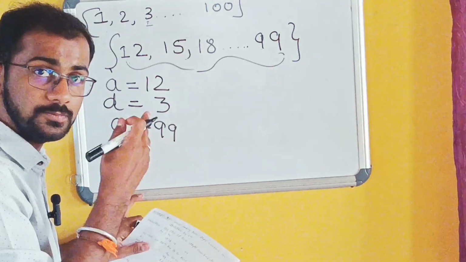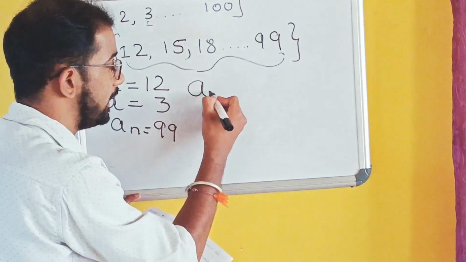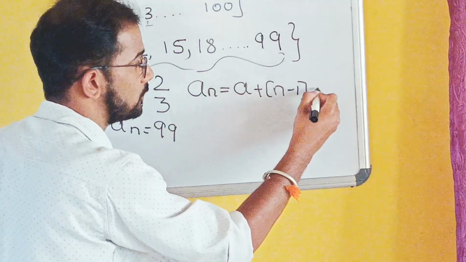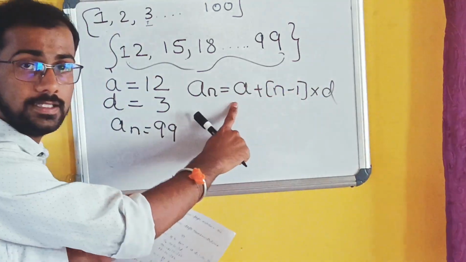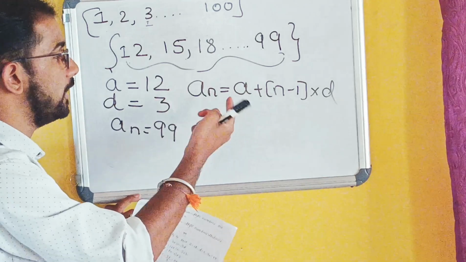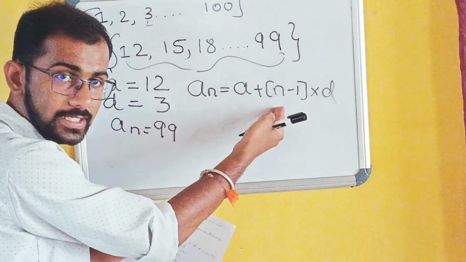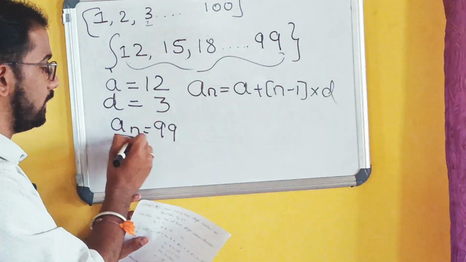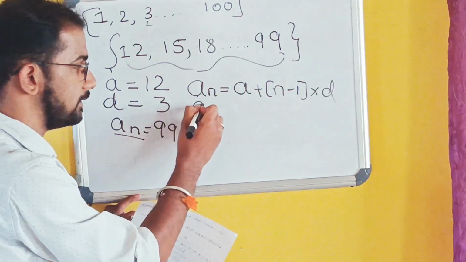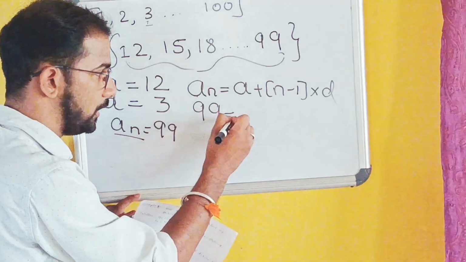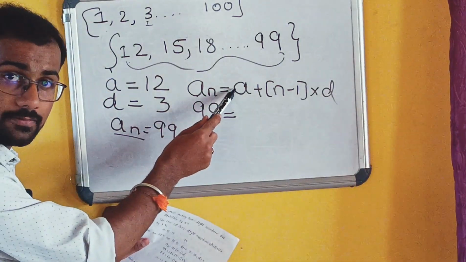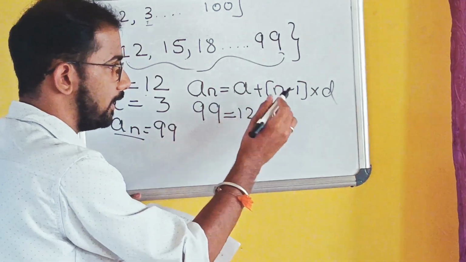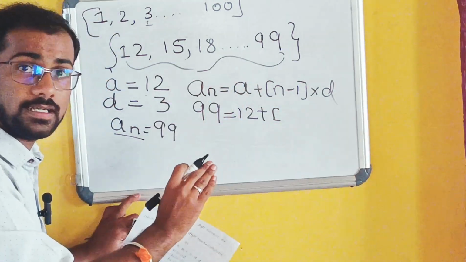What formula comes to mind? It is an equals a plus n minus 1 into d. This is the formula to be used. Now substitute all these values and calculate n. We need an, which is 99, equal to the first term a, 12, plus n minus 1.